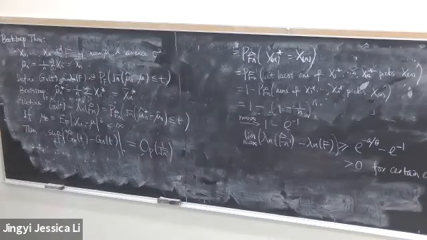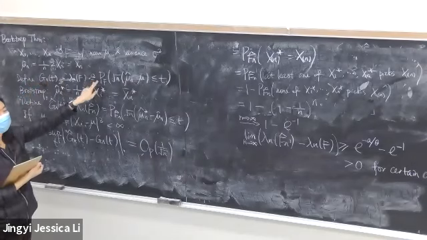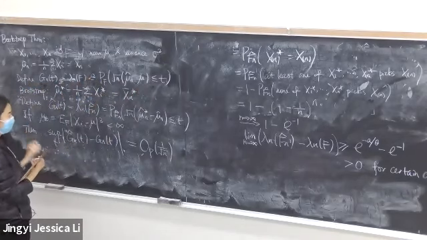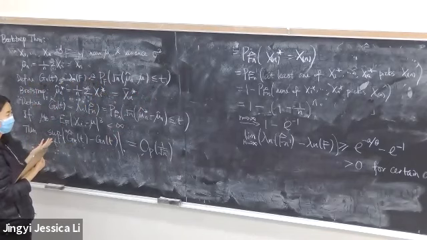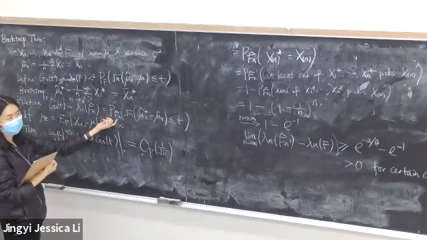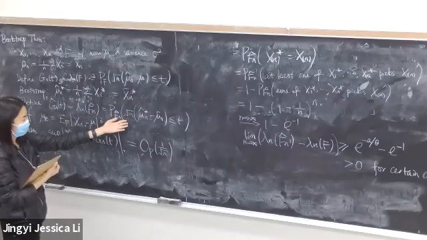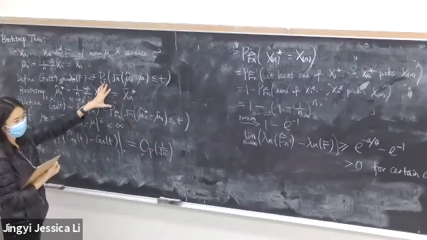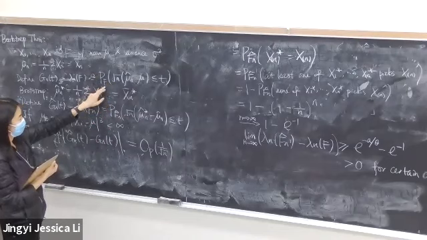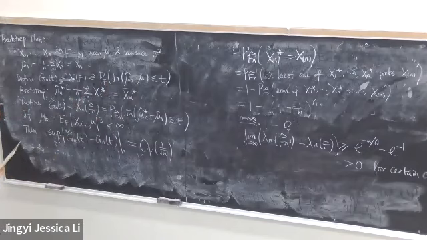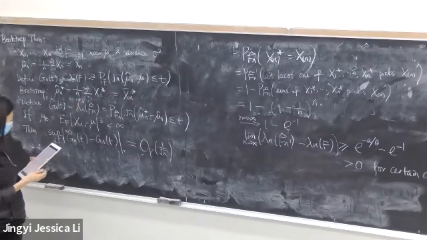From the central limit theorem, we know the limit of this for any given t, because it should converge to the CDF of some normal distribution at t. And also by the central limit theorem, this should also converge to the CDF of some normal distribution at t. But these two normal distributions cannot be the same, because this is F and this is Fn hat. That's the rough idea for doing this proof.